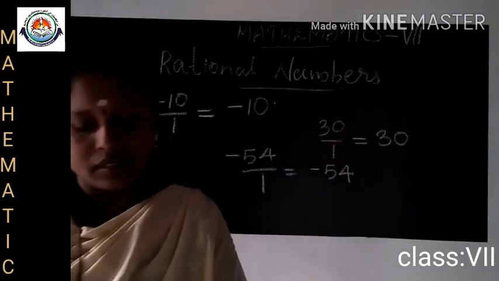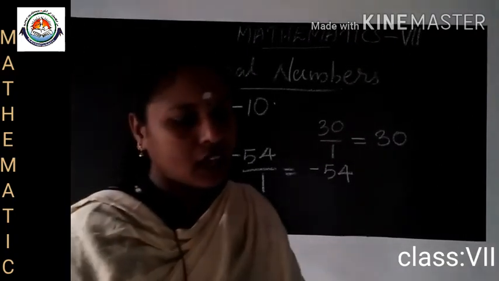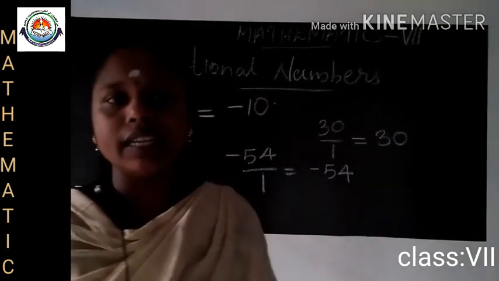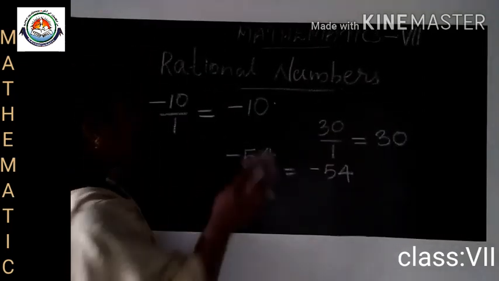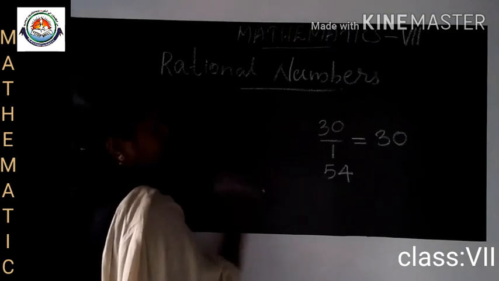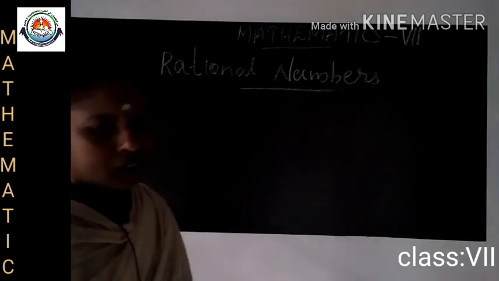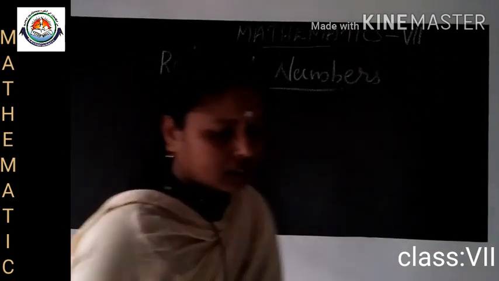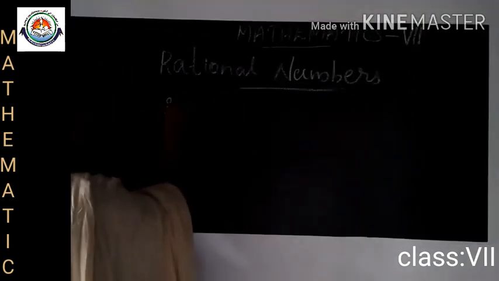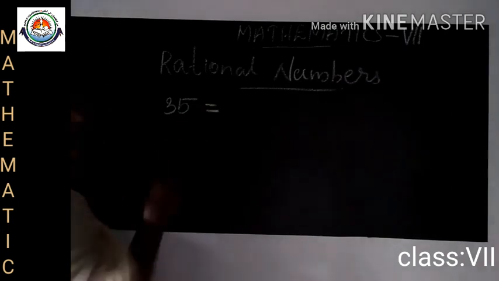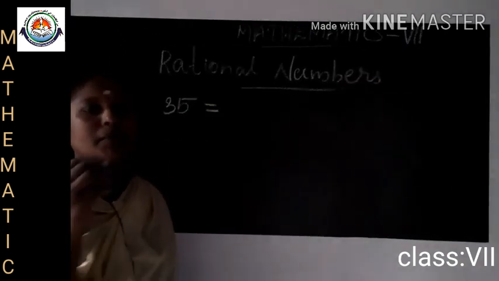And in the same way, we can express all integers as rational numbers. Here's a question, 35. How can we express 35 as a rational number?